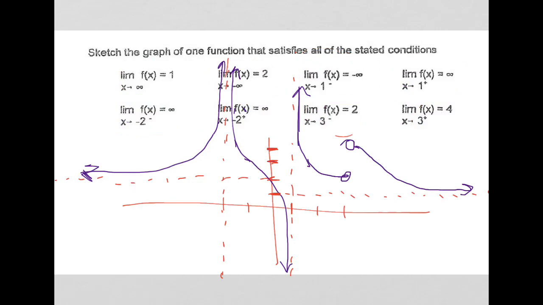So that's what I should be looking at. Notice that over here I drew two open circles because all we know is the limit as x approaches those values, but I don't know anything about the actual value of the function at that point.